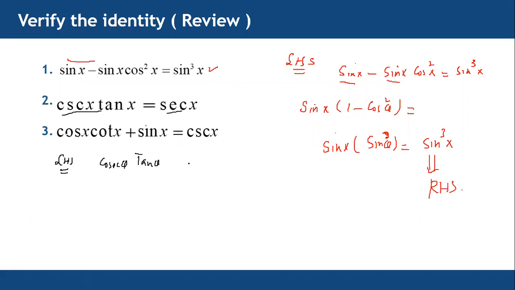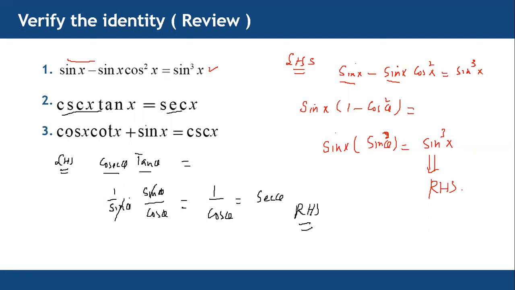We know that cosecant is 1 over sine, and tangent is equal to sine theta divided by cosine theta. So sine cancels with sine. We have 1 over cosine theta, and 1 over cosine is secant theta, which is your right hand side.